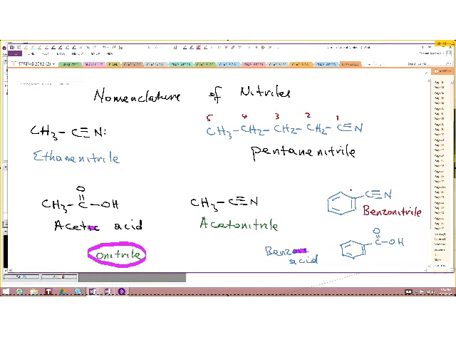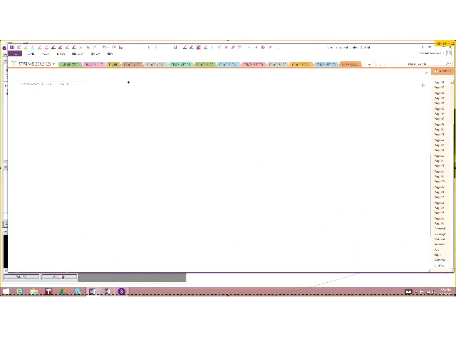Now, when the cyano group is attached to a ring system, for example, if you have this, what you do, just as in the case of the carboxylic acid, is give the name of the ring system, in this case cyclohexane, then you add the word carbonitrile.